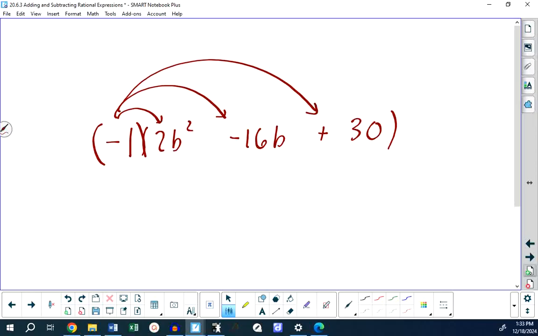You've probably seen both of those ideas. I just say I'm subtracting. When I subtract 2b squared, I get negative 2b squared. When I subtract negative 16b, I get positive 16b. When I subtract 30, I get negative 30. Does that answer your question, Zach? Okay.